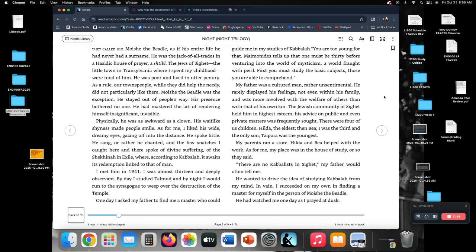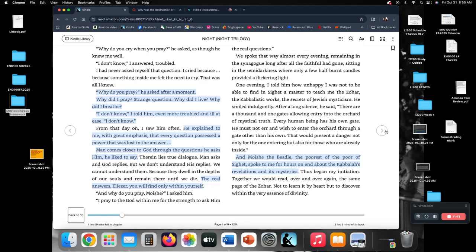Why do you pray is actually on page 4 in your book. And we get a look also here at Elie's father. And again, in the beginning, this is still just that establishment of faith. He is absolutely the Jewish authority. So we knew that Elie grew up with this strong, very devout faith.